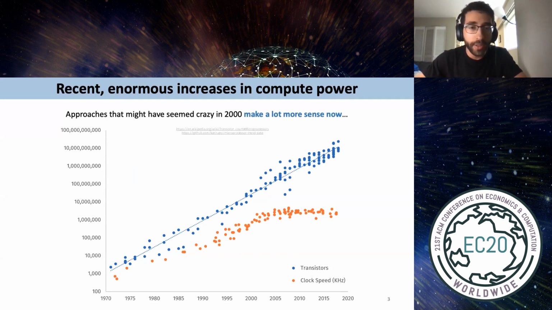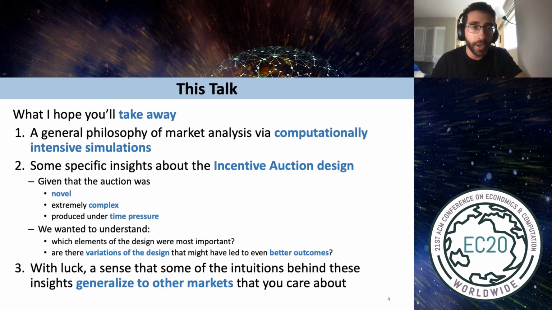What's so amazing today is that we're at a tipping point where simple algorithms running at scale can do truly amazing things. So what I'm going to propose in this talk is a philosophy of market analysis using computationally intensive simulations. I want to highlight that this is an incredibly general tool that you can add to your toolbox when analyzing markets in complex settings.